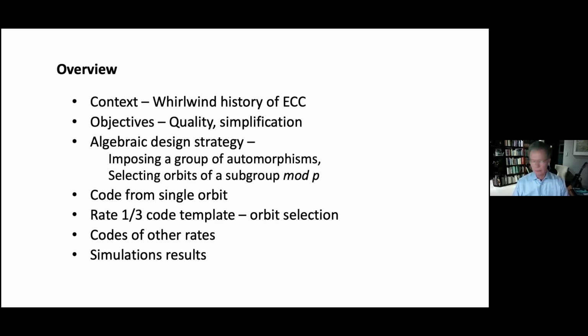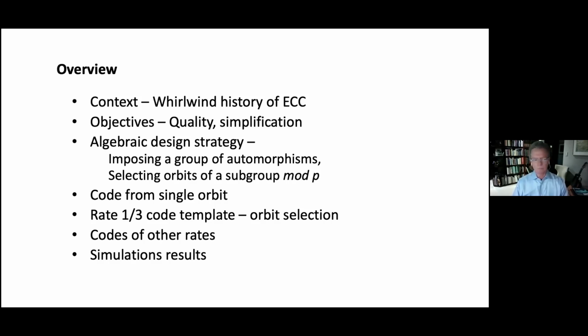I use an algebraic design technique. Rick mentioned that the style of construction these days doesn't use algebra very much as opposed to the early years, but I've got an intermediate where you can take the power of algebra to create graphs that create good codes. I'll give you an example of a code created from what I call a single orbit.